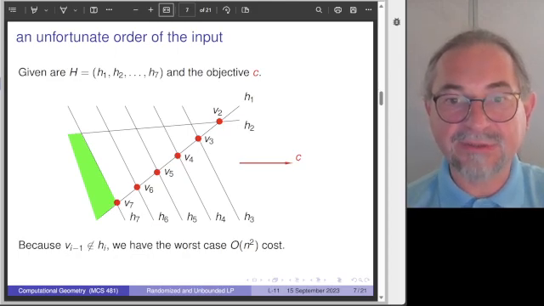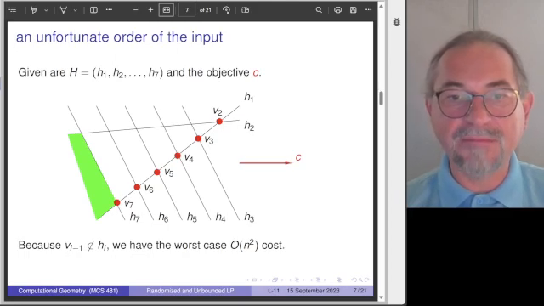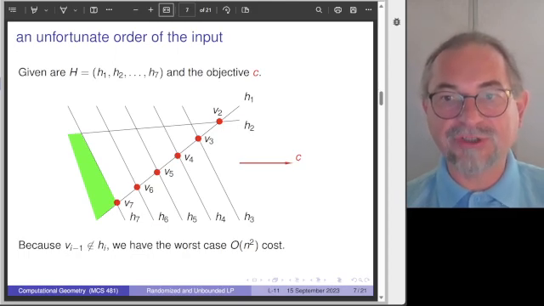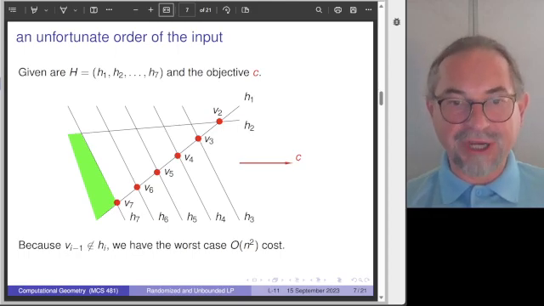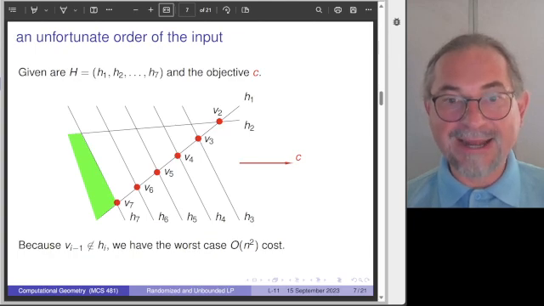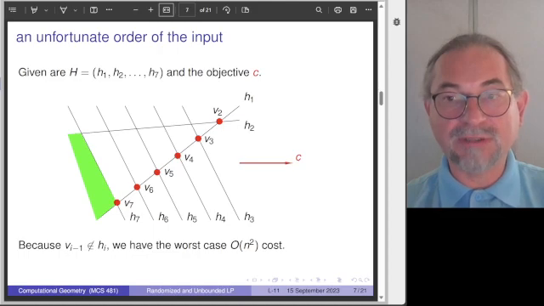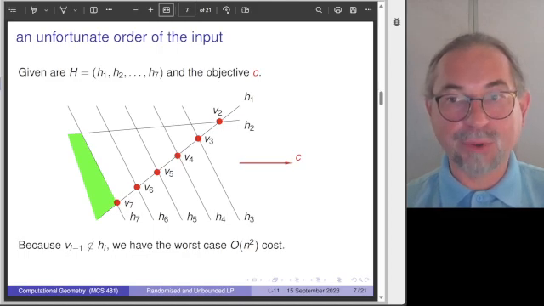You can see that this is an unlucky order because the optimal vertex each time goes down, each time needs to be changed, and we computed the optimal vertex as a result of a one-dimensional linear program. The number of steps in solving the one-dimensional linear program is proportional to the number of half planes.